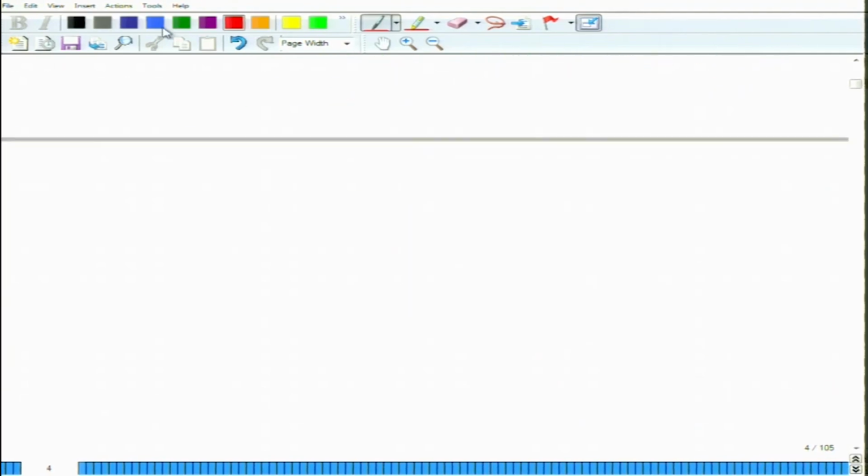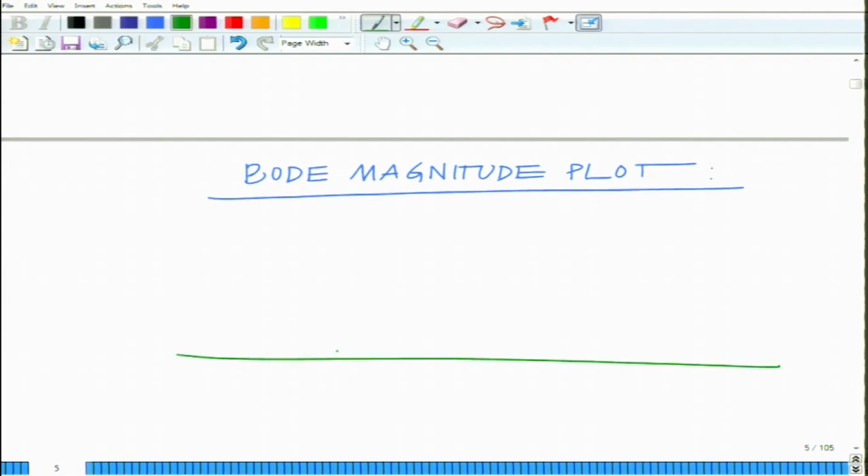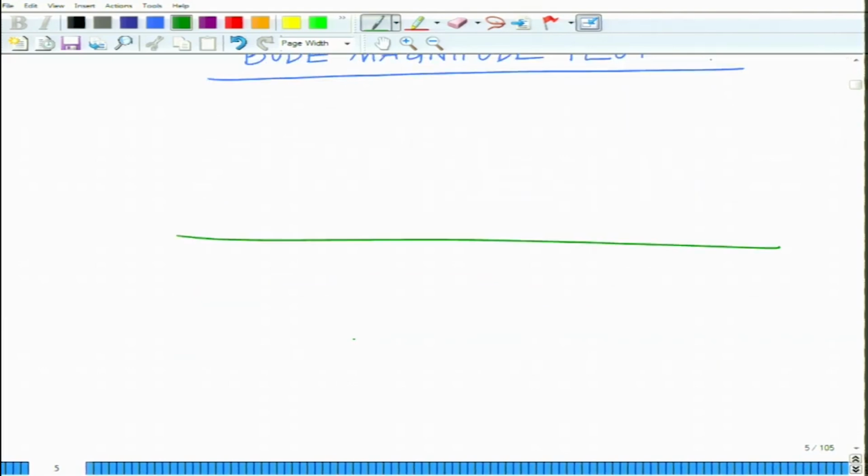And therefore, the Bode magnitude plot looks as follows.